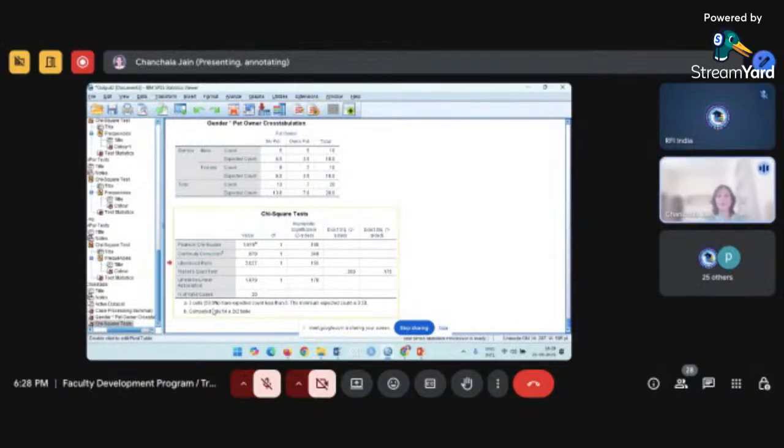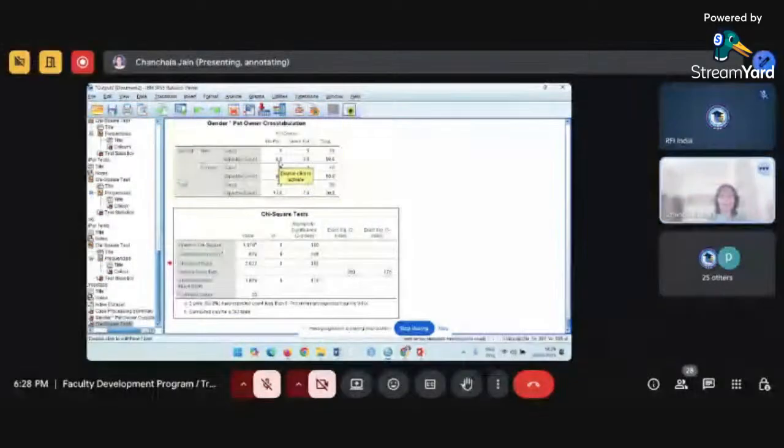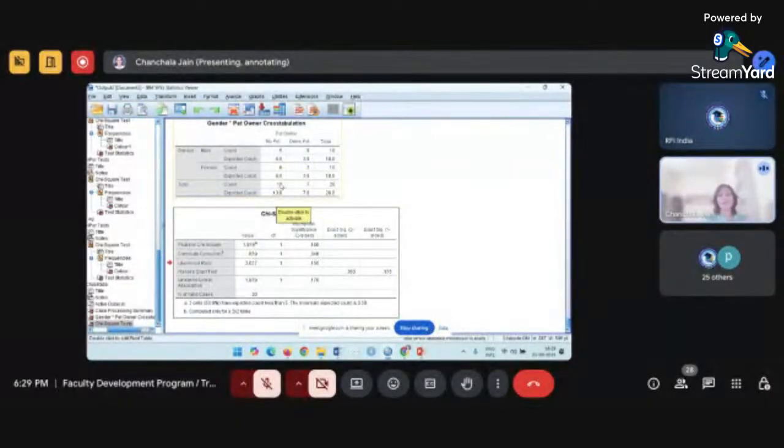You can find there are footnotes written which say 2 cells, that is 50%, because we are having a total of 4 observed frequencies, so I will be having 4 expected. Out of 4, 2 cells of the expected frequencies are less than 5, which you can observe here. It is 6.5, greater than 5, 3.5 less than 5, 6.5 is greater than 5, but 3.5 is less than 5.